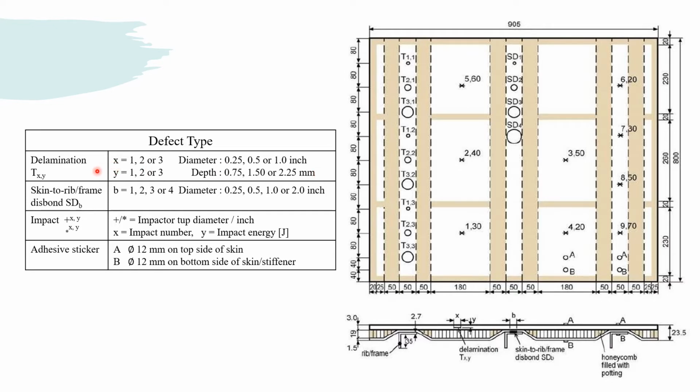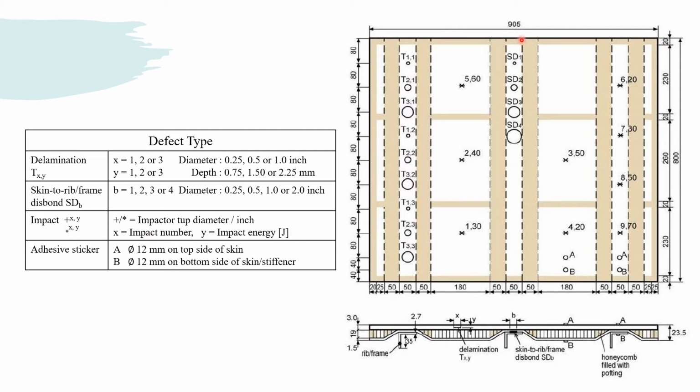So if T11 is given, that means a delamination where the diameter is 0.25 inch and the depth is 0.75 mm. Similarly, T3.2 means the diameter is 1 inch and the depth is 1.50 mm. In T2.3, 2 means the diameter is 0.5 inch and the depth is 2.25 millimeter. So this is the delamination.